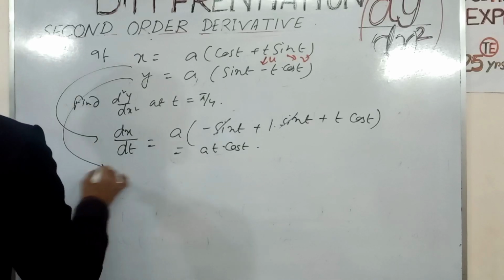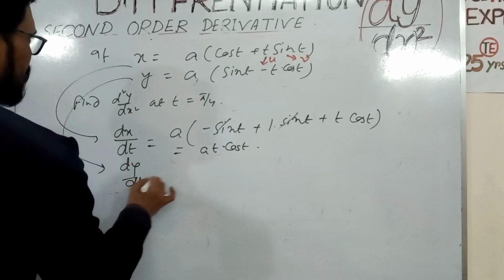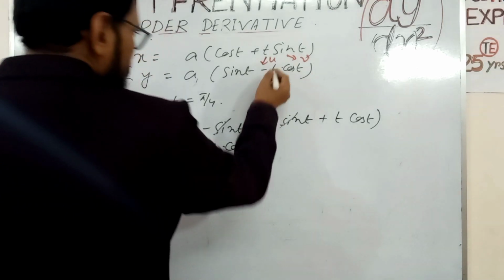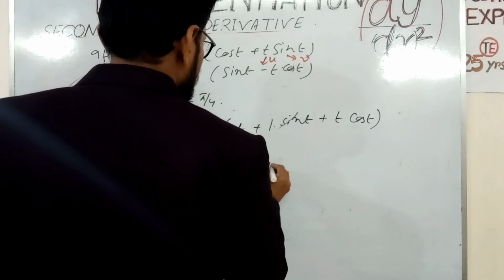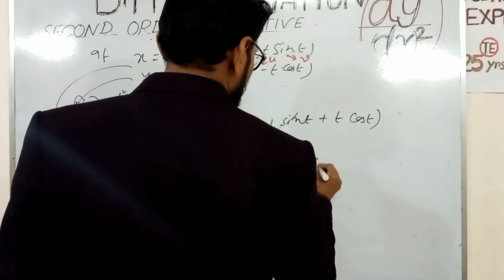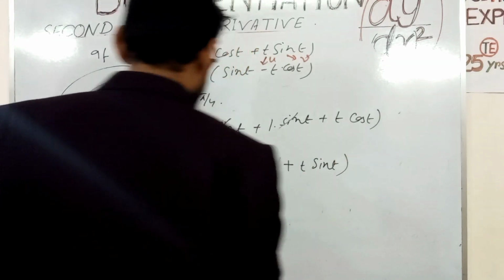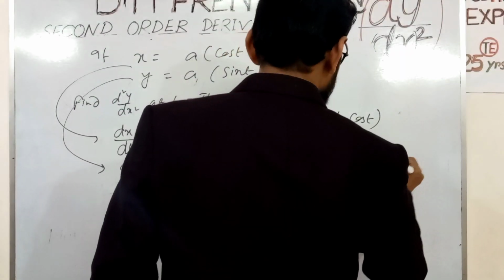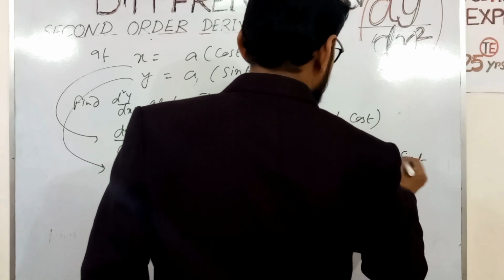Now dy by dt equals sin t, whose derivative is cos t, minus the derivative of t, which is 1, into cos t, minus t into cos t, whose derivative is minus sin t. So cos t cancels, and this derivative is a t sin t.